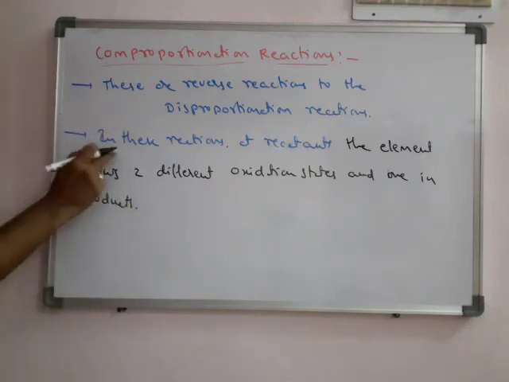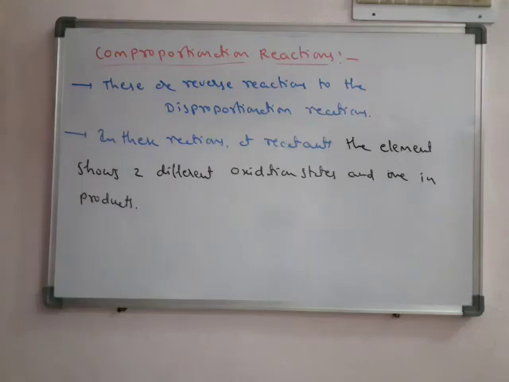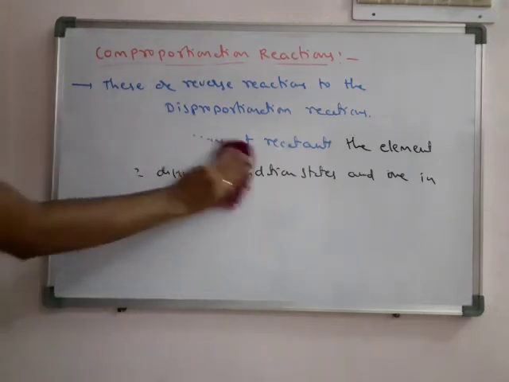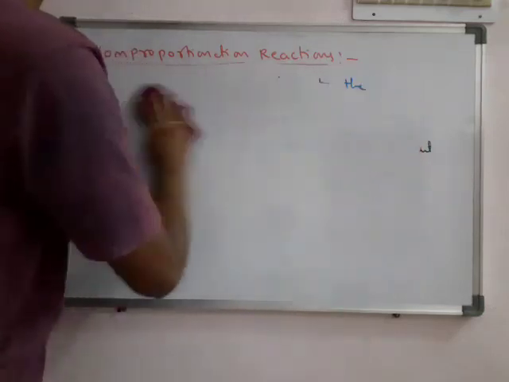Or we can write: the reactions in which, at reactants, a single element shows two different oxidation states and one oxidation state in products are called comproportionation reactions. Let's see the example.